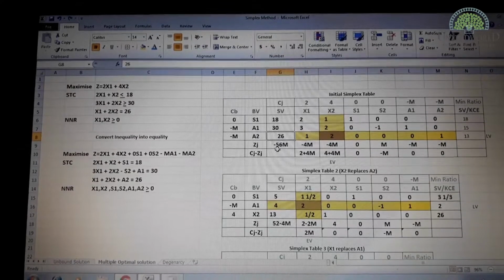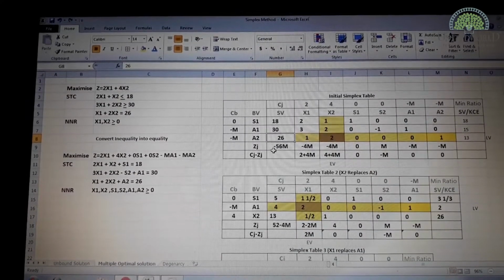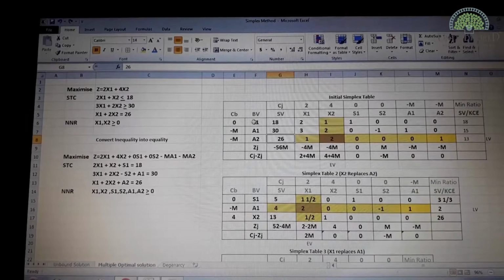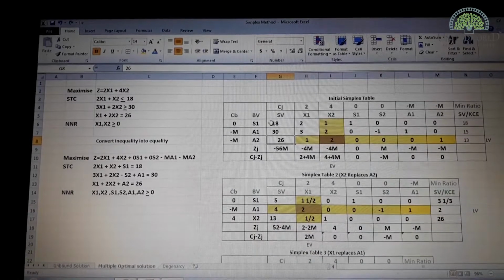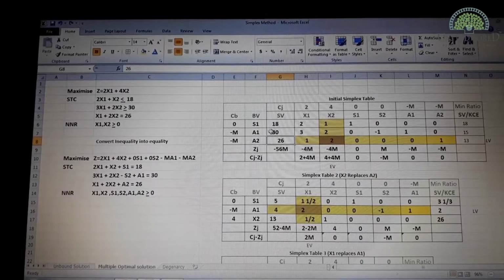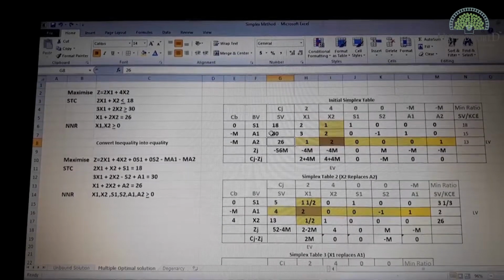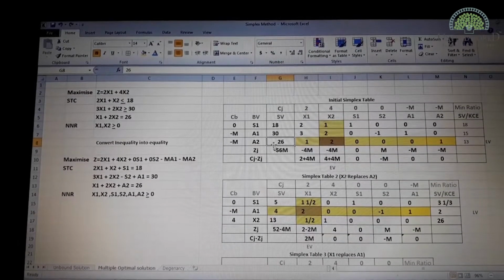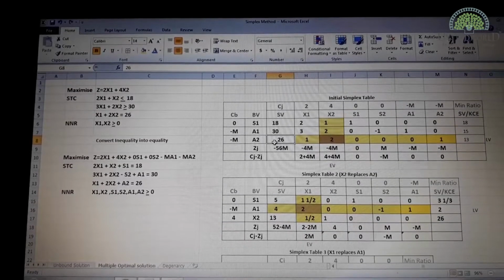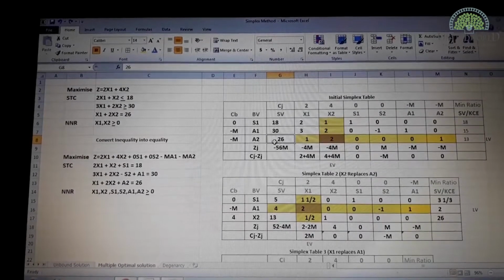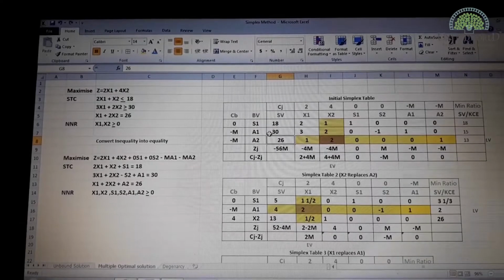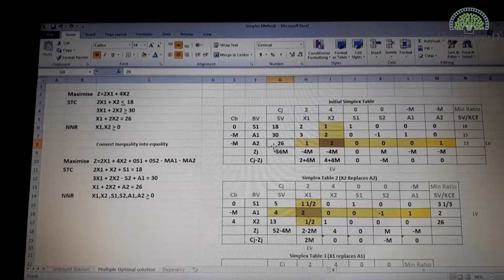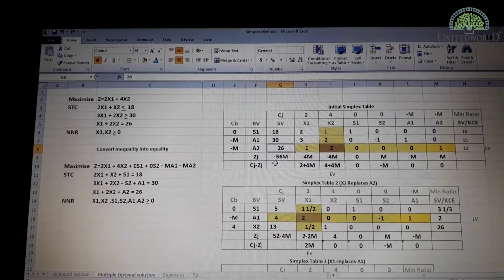In the case of this column, we get 0 into 18, that is 0, plus minus m into 30, that makes minus 30m, plus minus m into 26, that makes minus 26m. So the result is 0, minus 30m, minus 26m. Sum it up, you will get minus 56m.